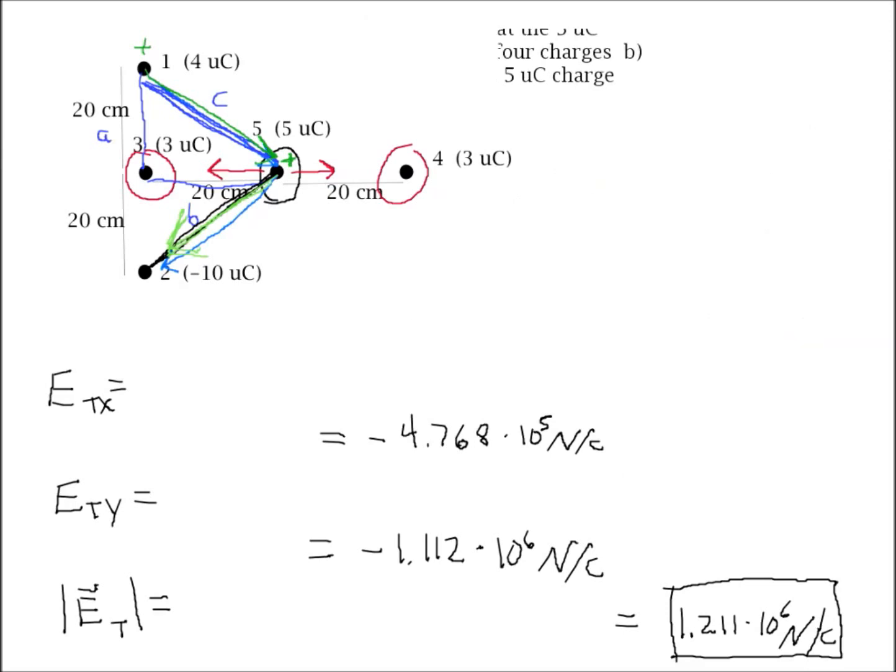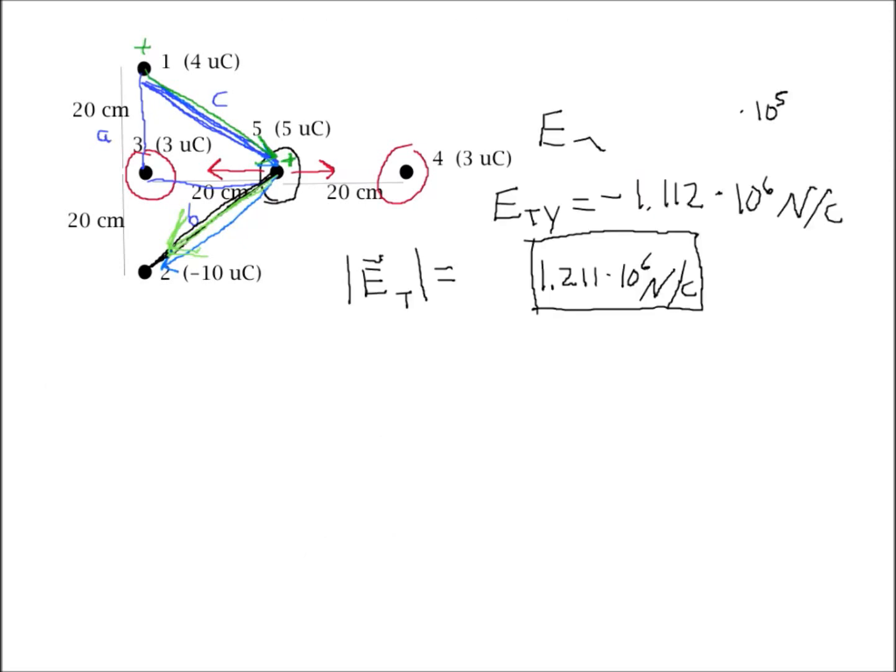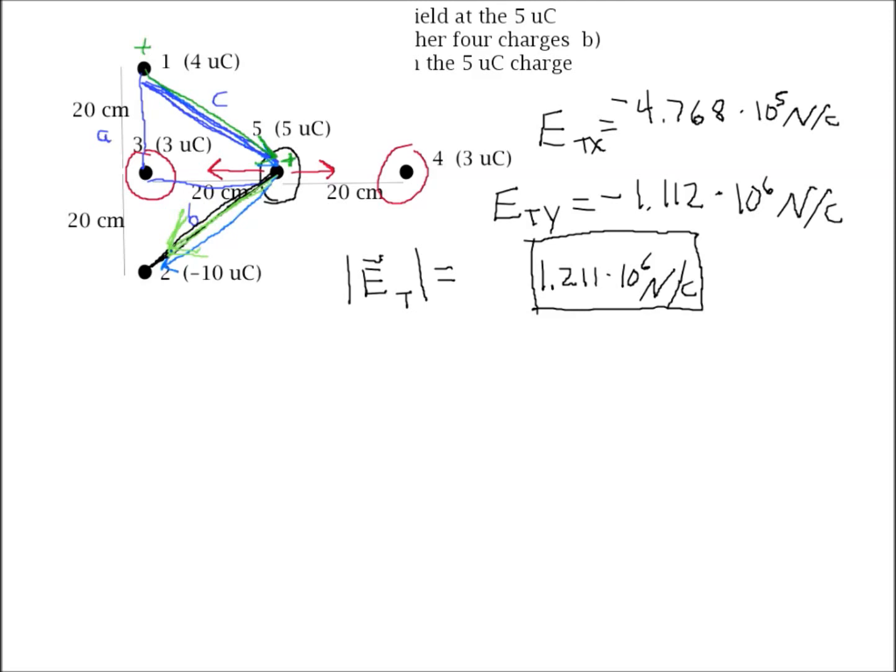Let's clear some of the stuff that we don't need anymore and move what we do need up into the corner where we can keep it. Okay, so now all we have left is the direction. Let's draw our triangle that we have. So we have E_TX is minus 4.768 times 10 to the 5th.